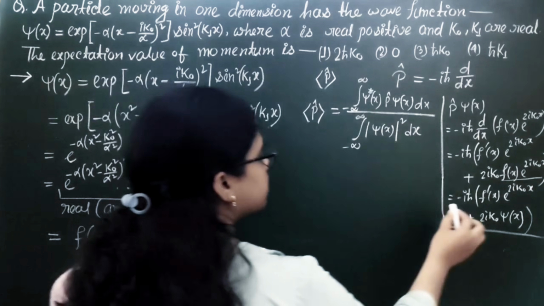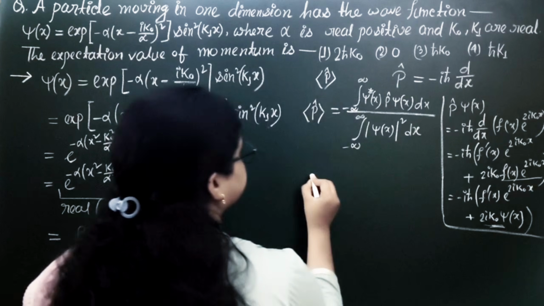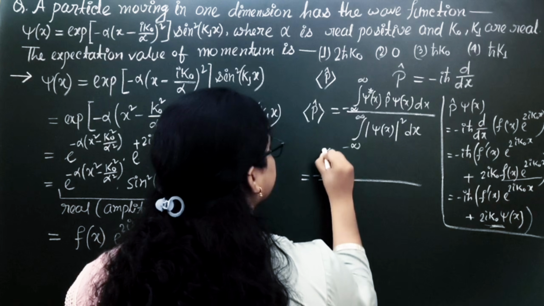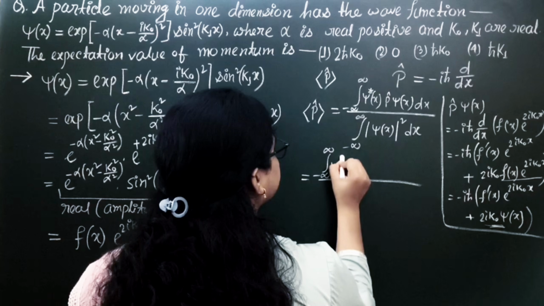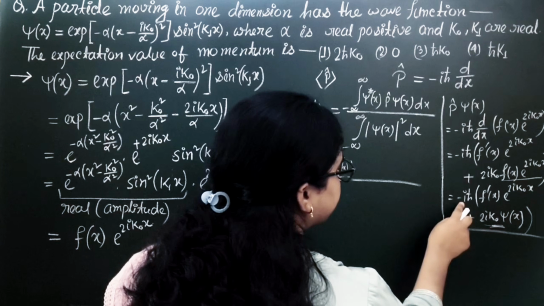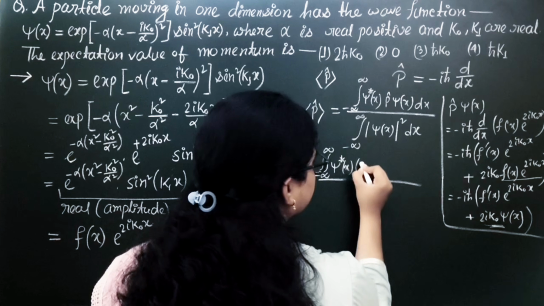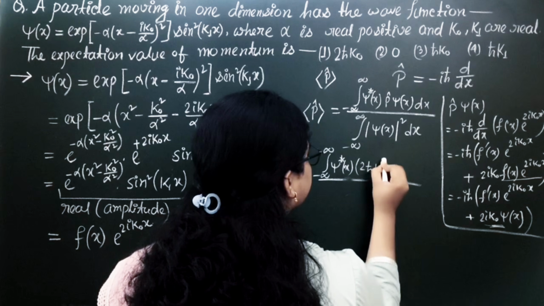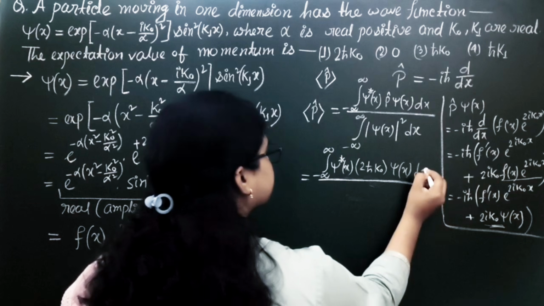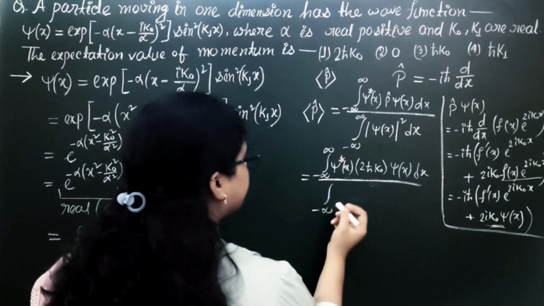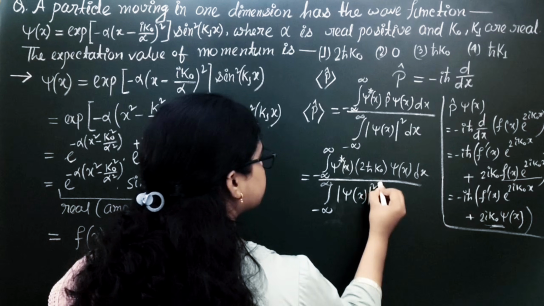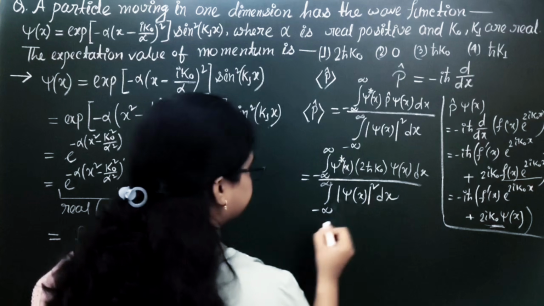So the rest term will be this. Our integration will be the integral from minus infinity to plus infinity of psi star x, this term and this term will give minus i square, that is 2 h cut k naught, psi x dx, and the integration from minus infinity to plus infinity of mod psi x whole square dx.